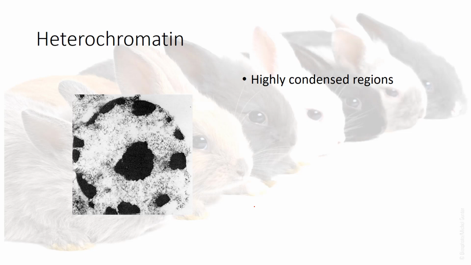And so sometimes an entire chromosome, like an X chromosome, will be in the form of heterochromatin. Now, this is unique to eukaryotes. Prokaryotic chromosomes do not take on this fully condensed form that is virtually inaccessible.